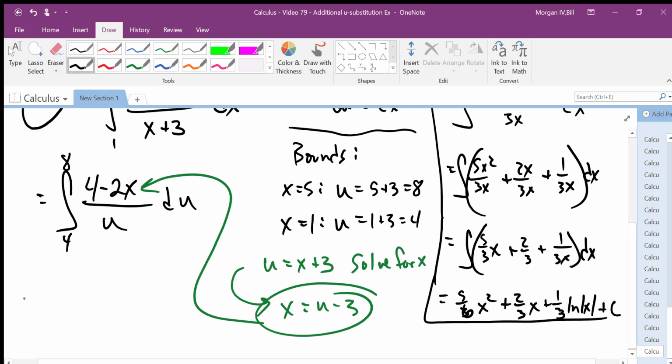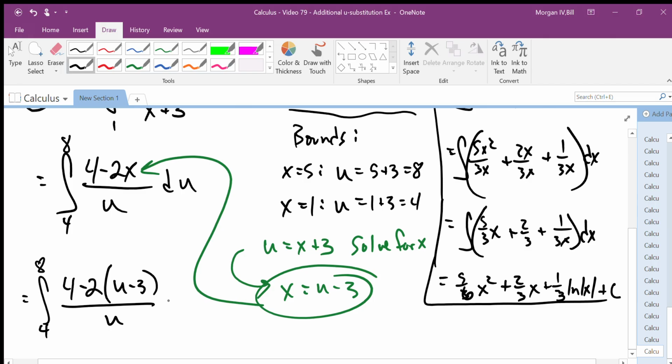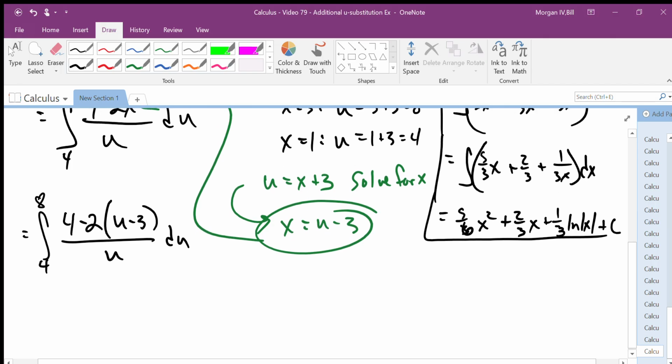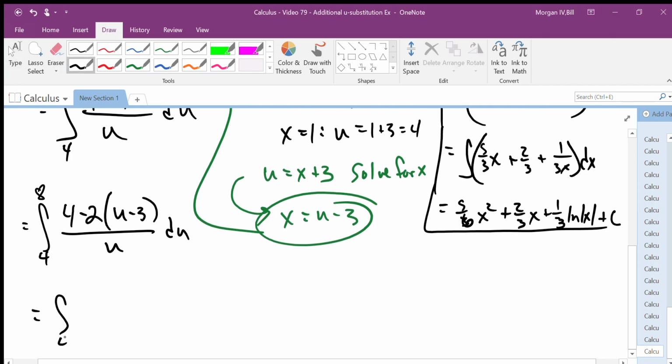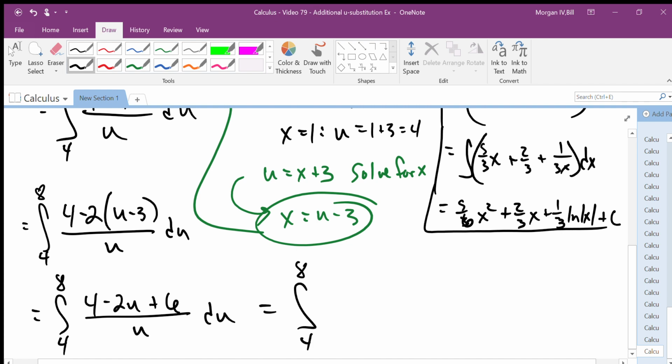And we get this. The integral from 4 to 8 of (4 minus 2 times x, but x is u minus 3) divided by u du. This would be the integral from 4 to 8 of (4 minus 2u plus 6) over u du. That would be the integral from 4 to 8 of (4 plus 6 is 10, minus 2u) over u du.